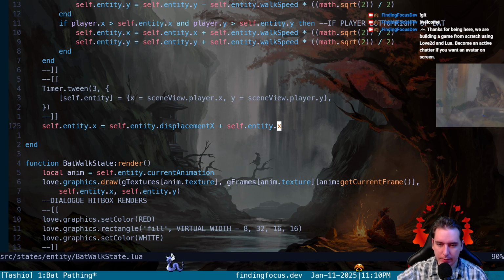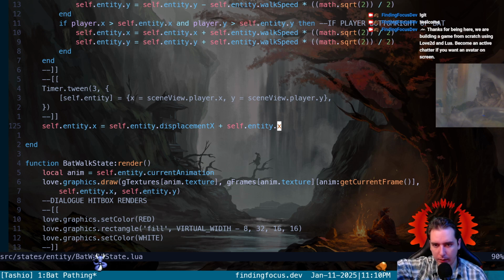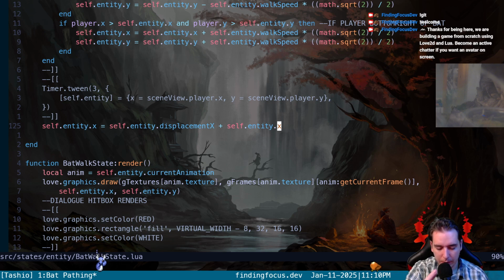Because the idea is, like, if it's moving in a diagonal, whatever this displacement x is going to be is, like... It should be 5 pixels, or, you know, if it goes from 0 to 5... 5 pixels positive would be 5 pixels to the right.